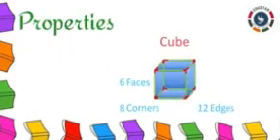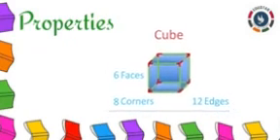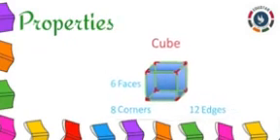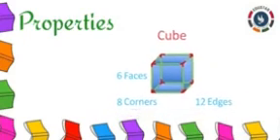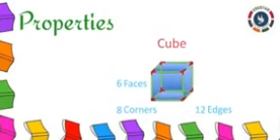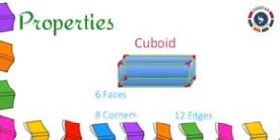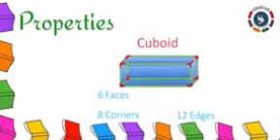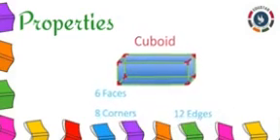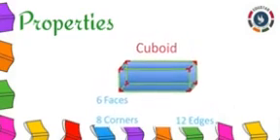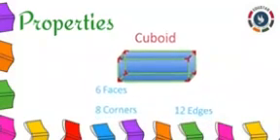Now, properties. Cube has 6 flat faces, no curved faces, 12 edges and 8 corners. Cuboid has 6 flat faces, no curved faces, 12 edges and 8 corners.